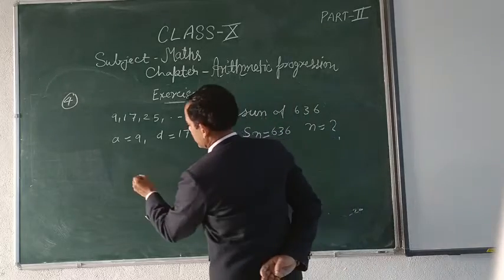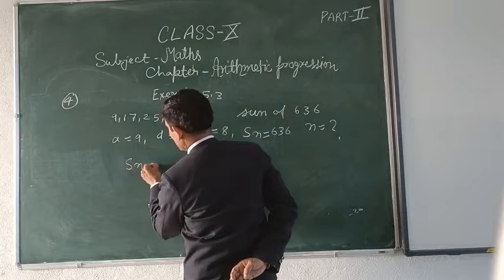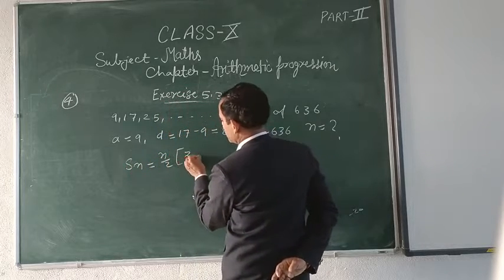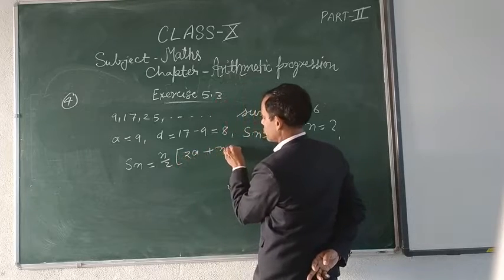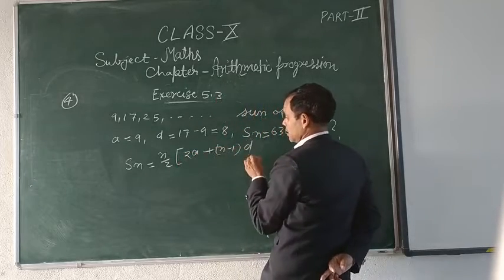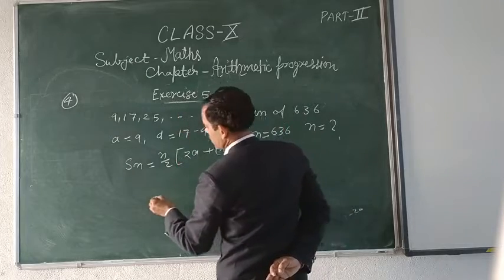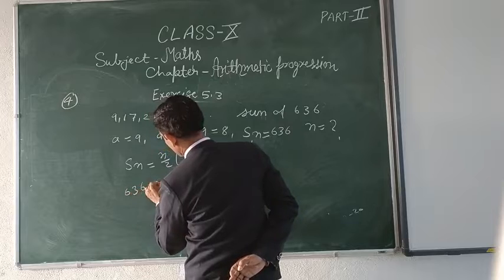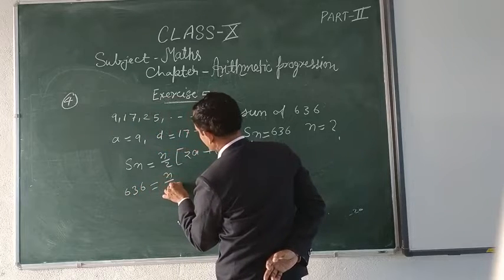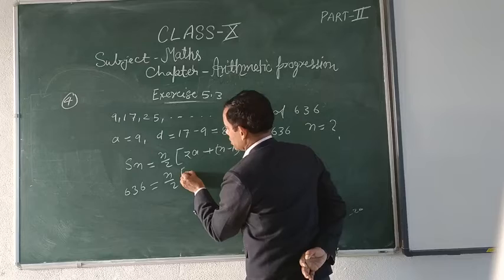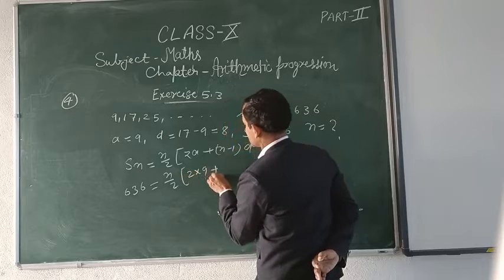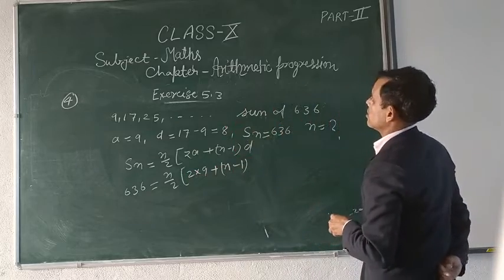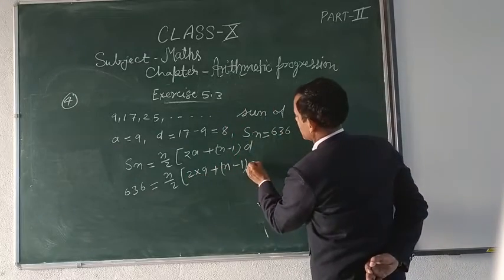We know that Sn equal to n by 2 into 2a plus n minus 1 into d. It means here 636 equal to n by 2 and 2 into 9 plus n minus 1 and d we have 8.